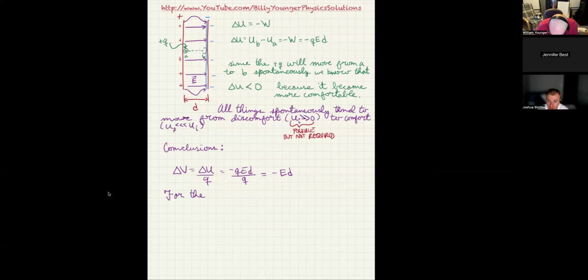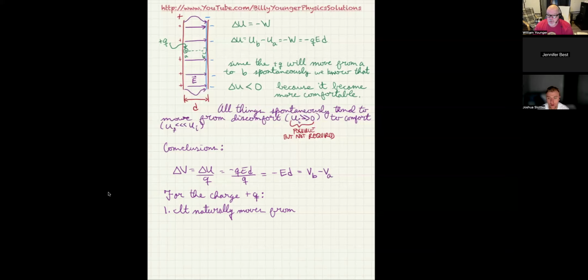So, what we can see here is for the charge positive Q, it naturally moves from... Now, you might not be able to see it with the equation that I have written in purple immediately above, but I'm going to go ahead and write this as VB minus VA, since that's the change in voltage, right?